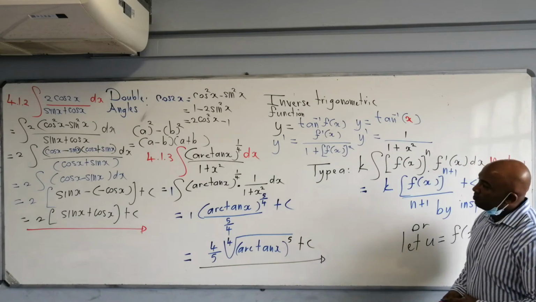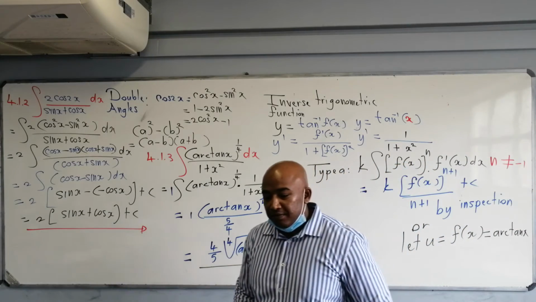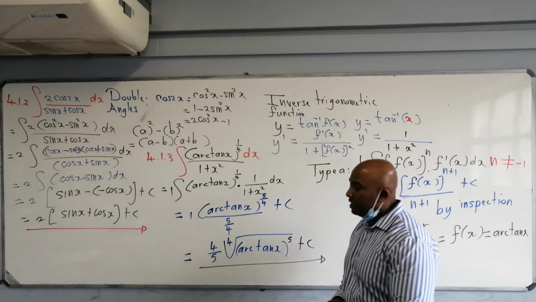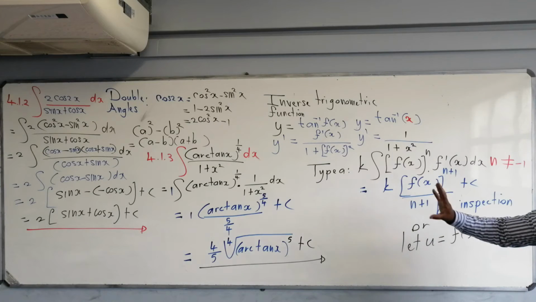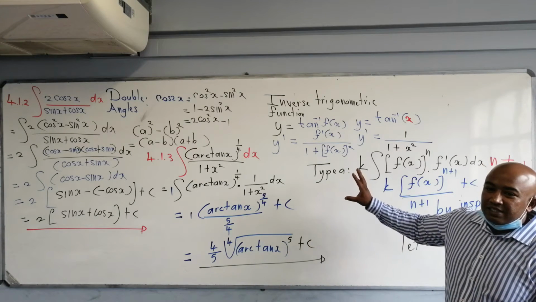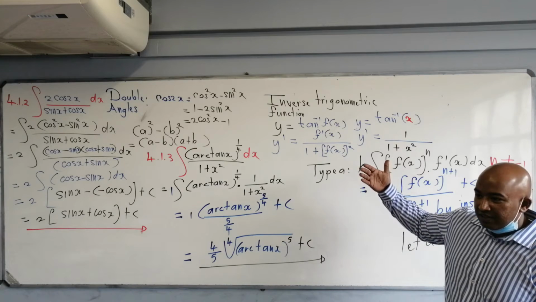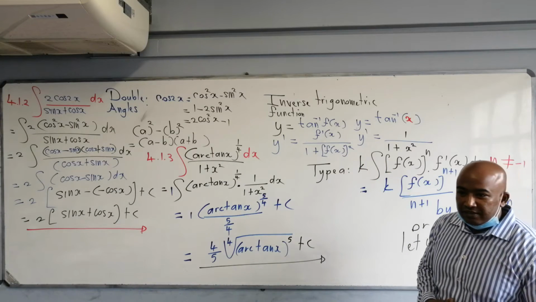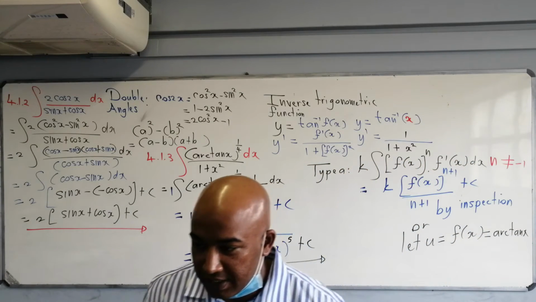You can always do this by using a substitution also. But you can see the most important thing is differentiation. Once you know your differentiation, then you'll be able to recognize what technique to use within a few seconds. So make sure you know your differentiation off by heart.